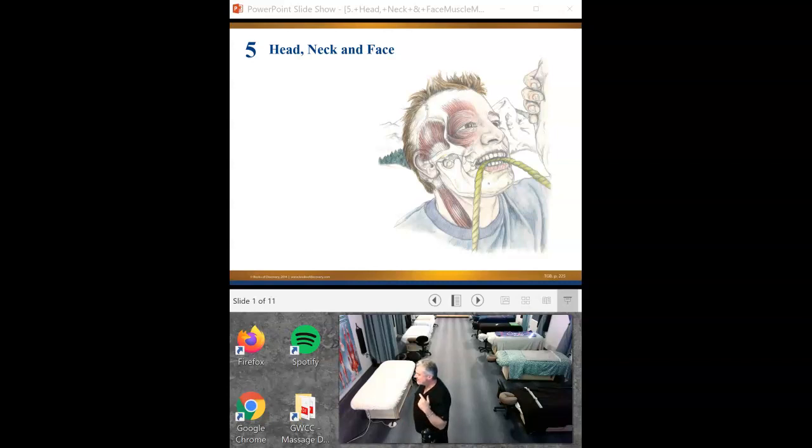You have the external auditory meatus, the mastoid process. It's TMJ, but I'm trying to learn how to pronounce that. Temporal mandibular joint. Okay, cool. Temporal mandibular joint, and then zygomatic process, and your styloid process.